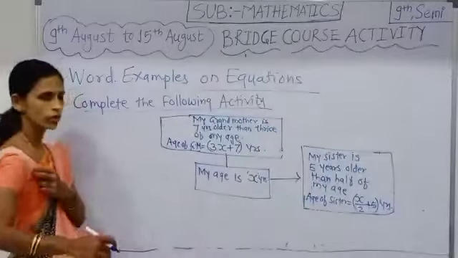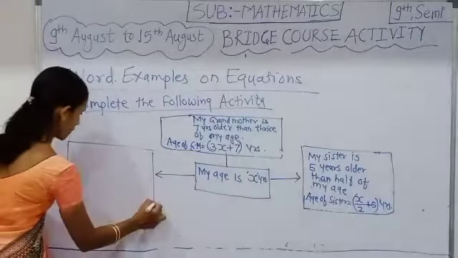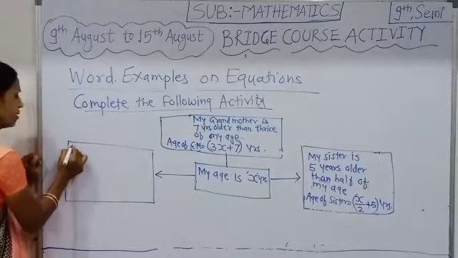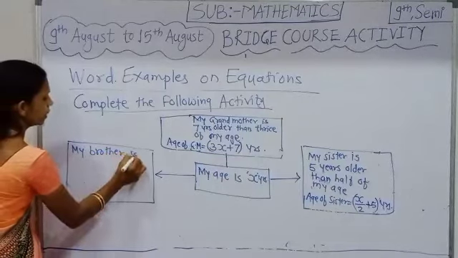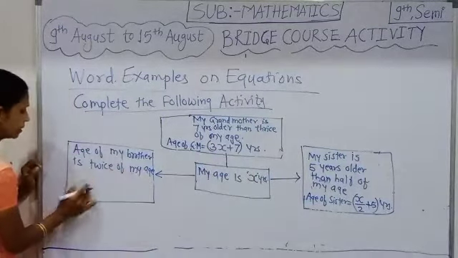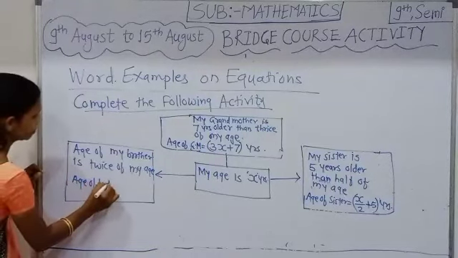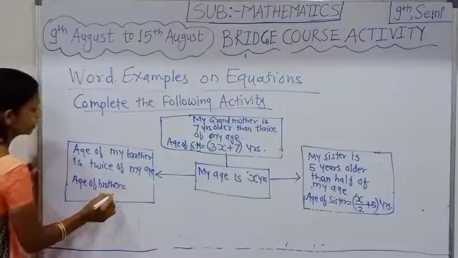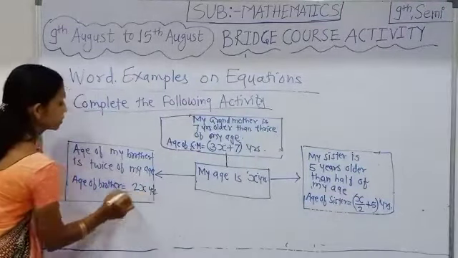Then one more condition is given here, my brother is twice my age. Therefore the age of brother is 2x years.